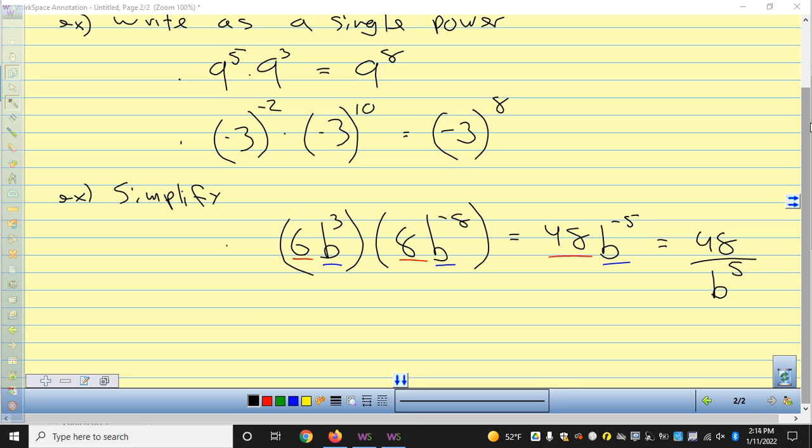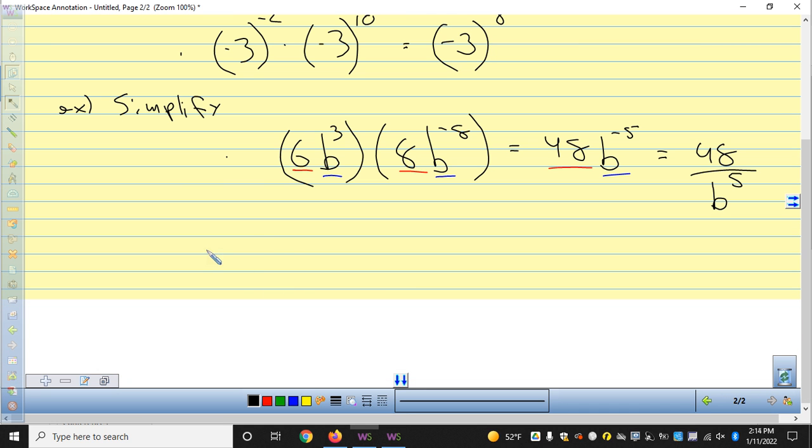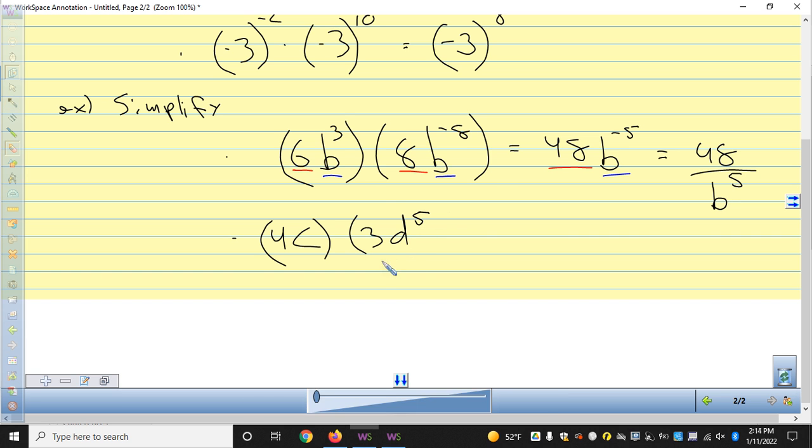All right, let's do another example. We're still simplifying. 4c times 3d to the 5th times 2c to the 3rd.